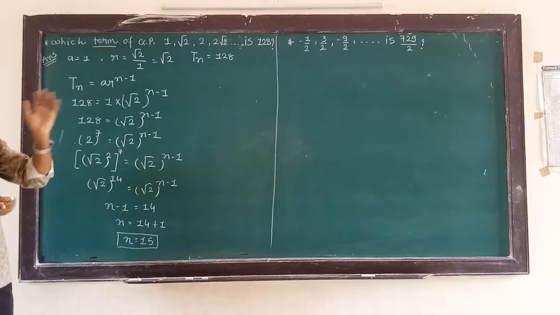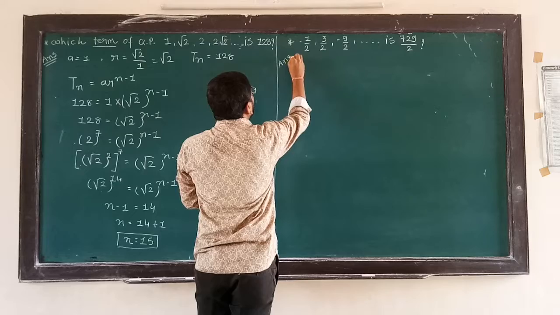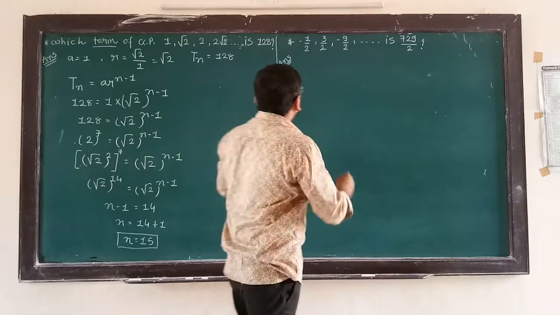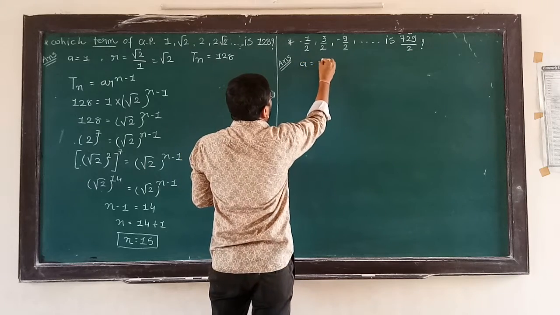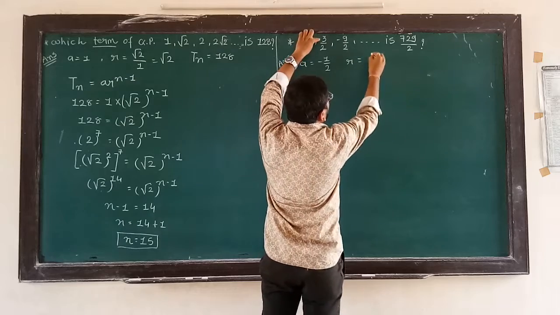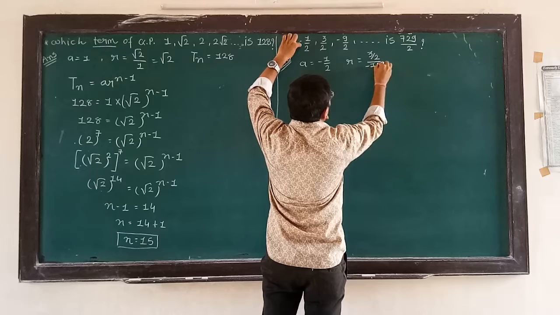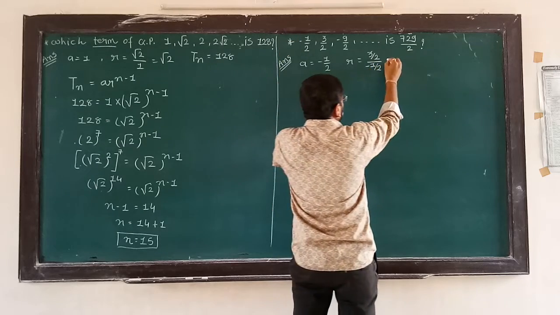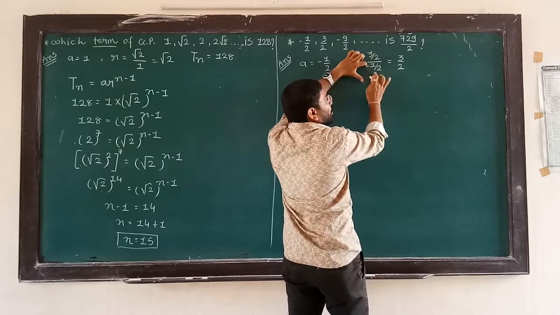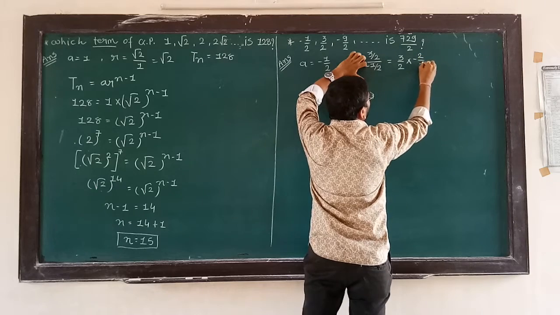Same as this, students, another sum: we are going to find how many terms of this series is 729 upon 2. A means minus 1 upon 2. R means the second term 3 upon 2 divided by minus 1 upon 2. Now see the students, 3 upon 2, the denominator converts into the numerator, 2 upon 1.